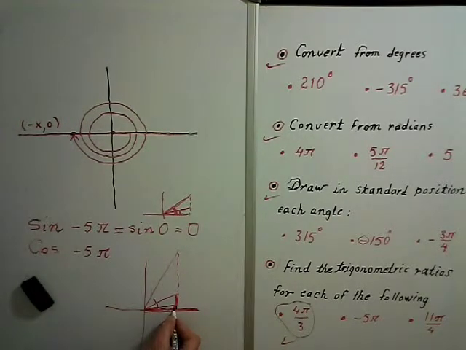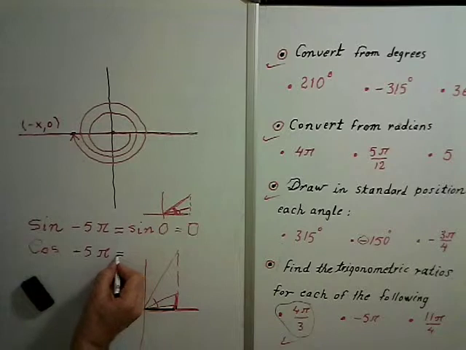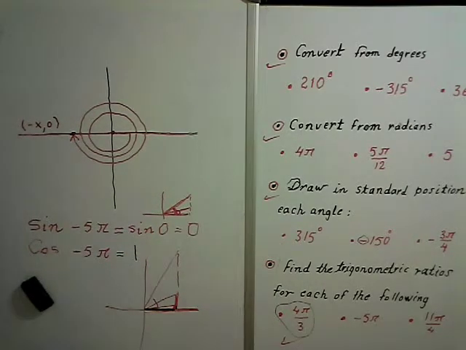The adjacent and the hypotenuse become equal because they coincide with each other. That's why we consider the cosine is 1. Because when you say the cosine is adjacent over hypotenuse, when they are equal, that means it will become 1. So the cosine will become 1. Okay?